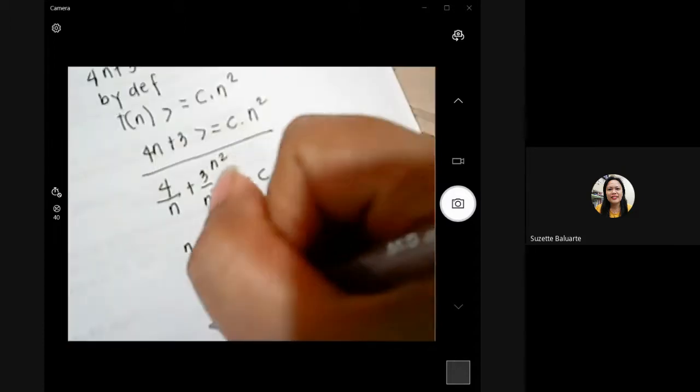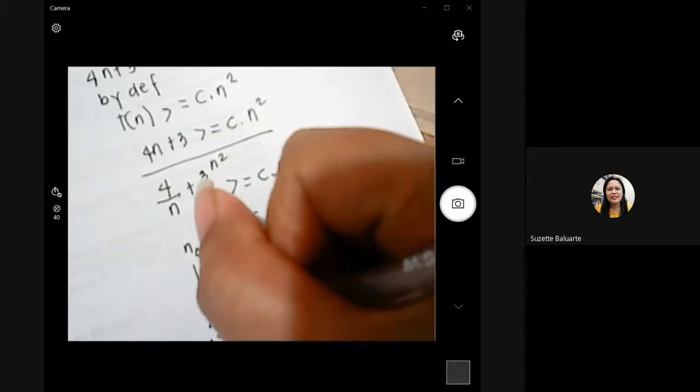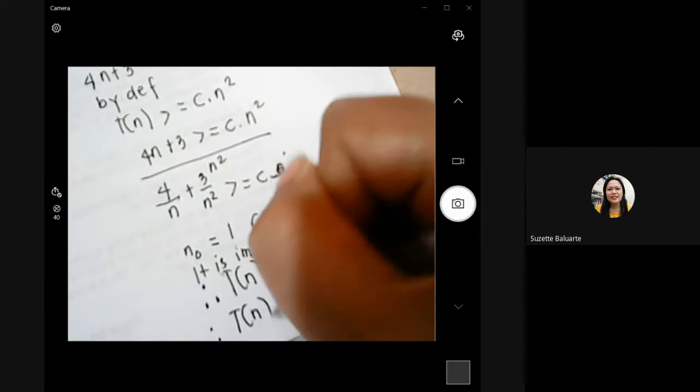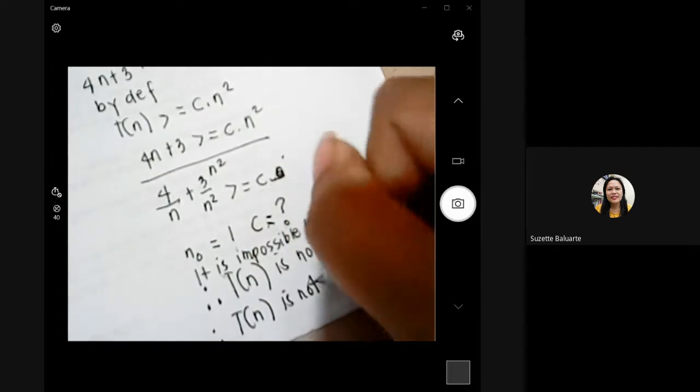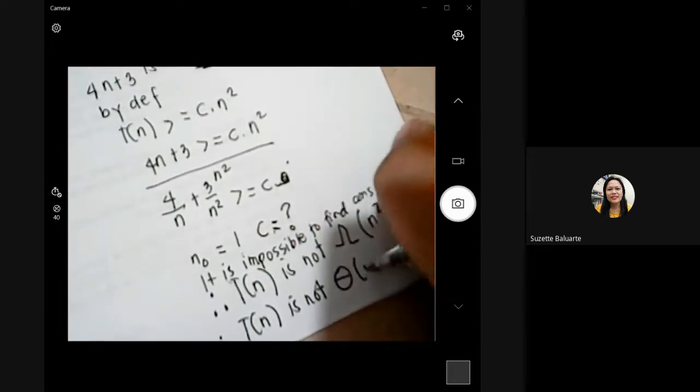And therefore also, since what we are looking for is theta, your T of n is not big theta of n squared.